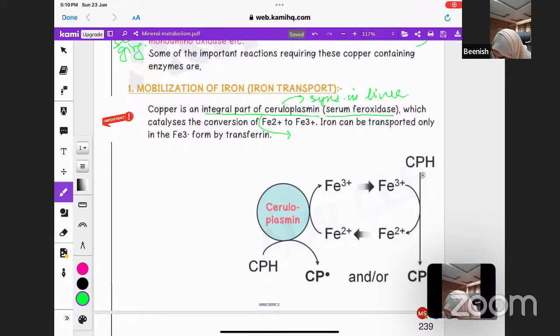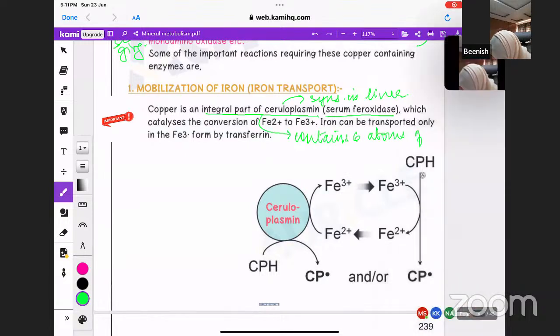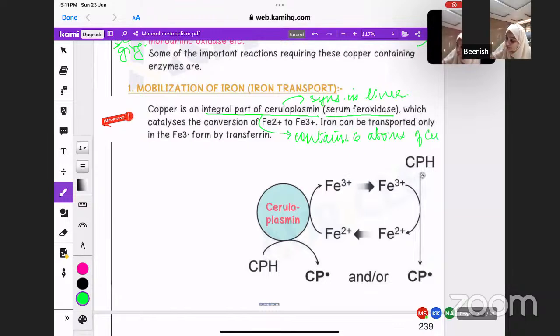So you see that copper is an important integral component of ceruloplasmin, and this ceruloplasmin acts as an enzyme, serum ferroxidase.